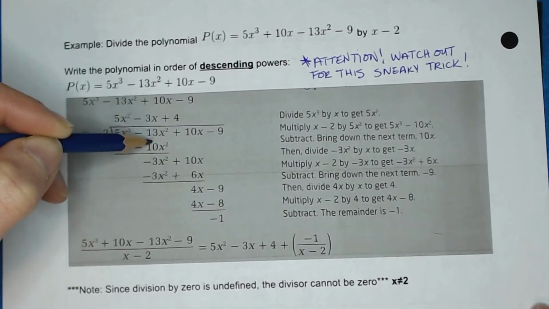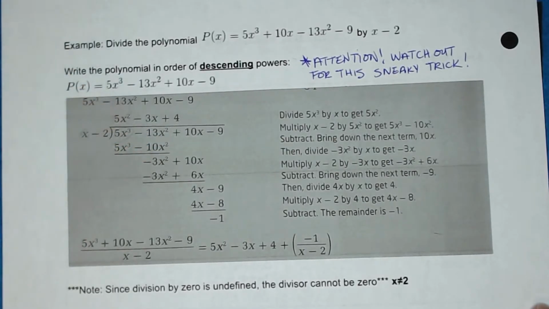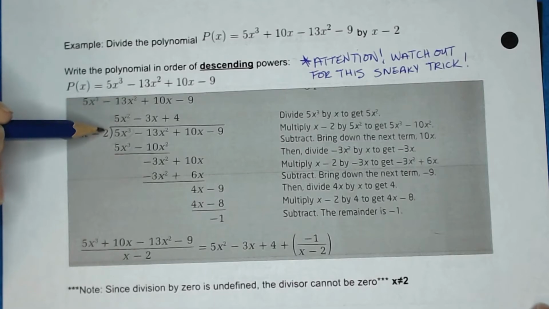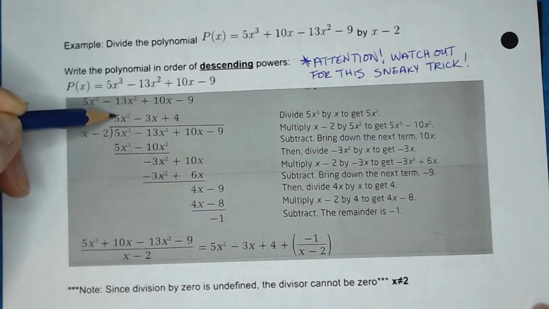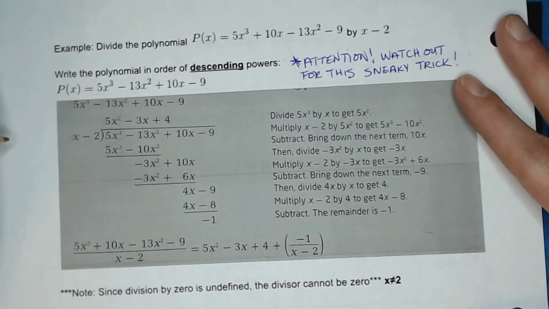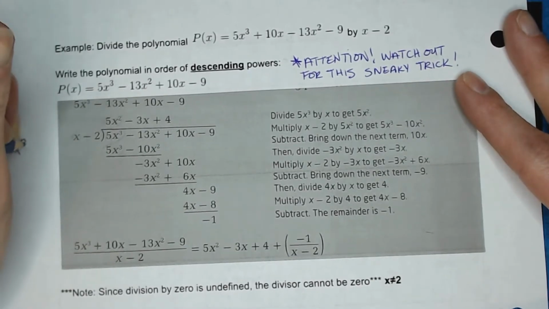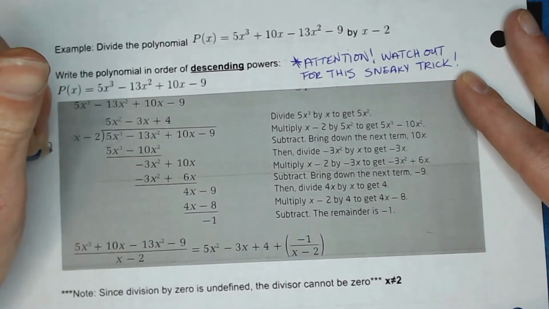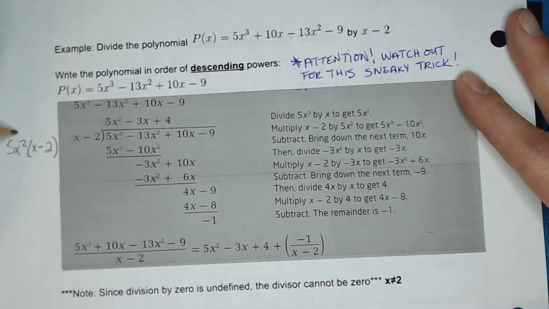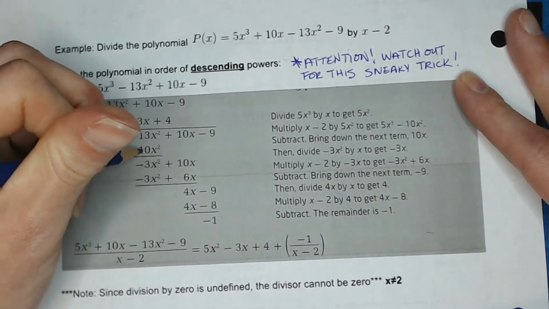And then how did we get this negative 10x squared? Well, think of this as 5x squared times x minus 2. Using the distributive property, we multiply 5x squared by each thing in the brackets, and that's where this negative 10x squared comes from.